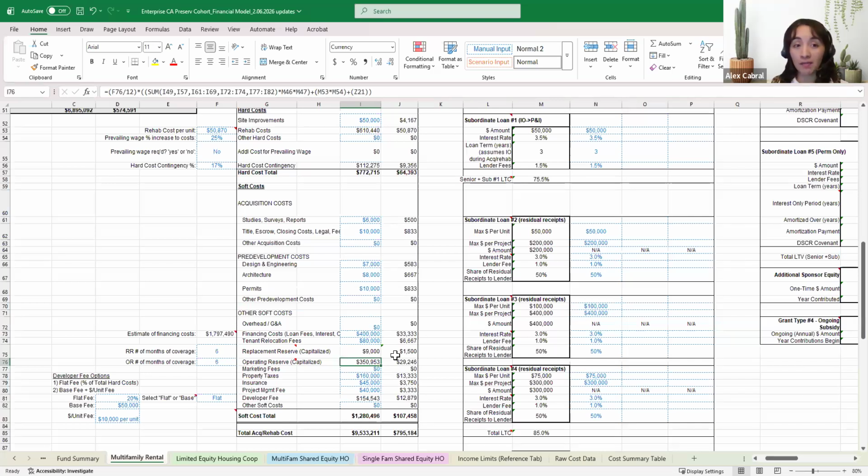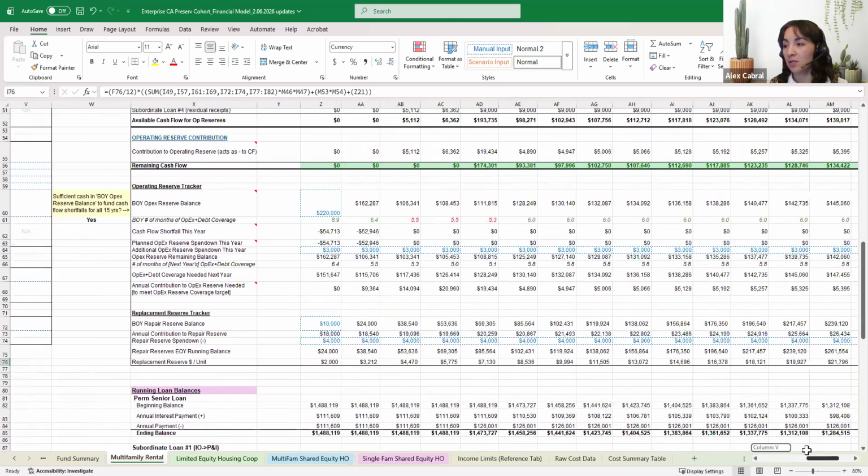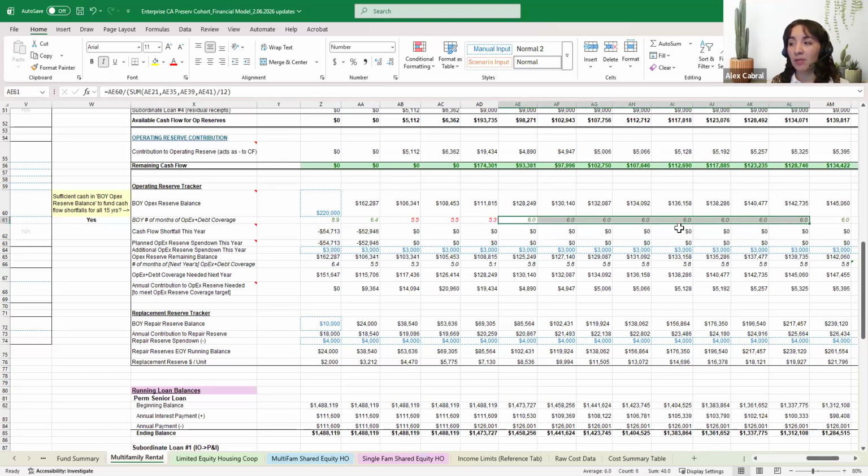You could have spent all of this, or none of it. So that's something you can plug in here to specifically name what you're starting the project off with. And then you're also going to estimate how much you're going to spend down on this reserve each year. So we're saying $3,000. And this calculation here will always make sure that you have about 6 months of operating reserve.